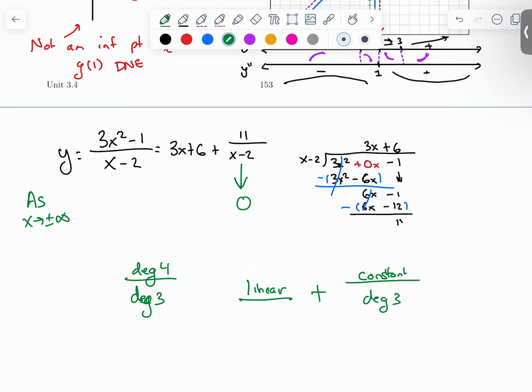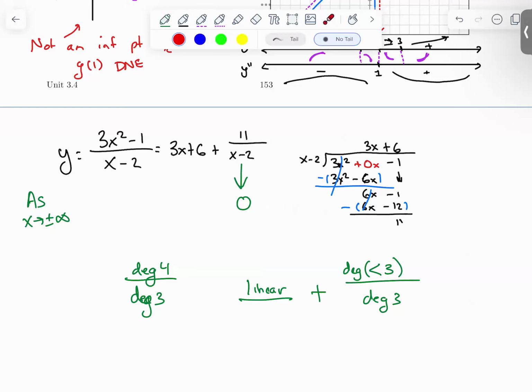Do this with anything. Make this 3x to the 4th minus 1 over x cubed minus 2. It'll take longer, but I guarantee you will get a linear term. Oh, not a constant, but a degree less than 3, strictly.